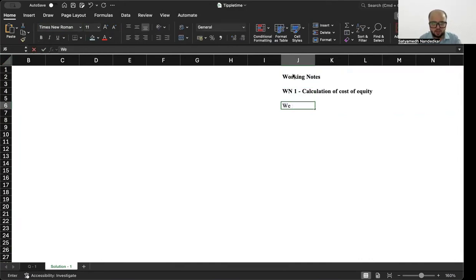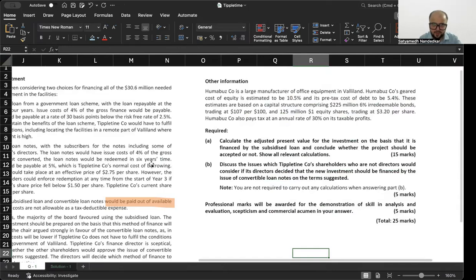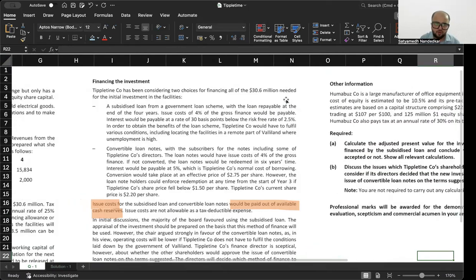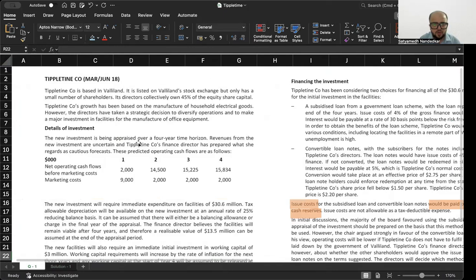Now pay attention. We need cost of equity of an ungeared firm. Now, Humabu's company is a large manufacturer of office equipment. We are also in a similar business.